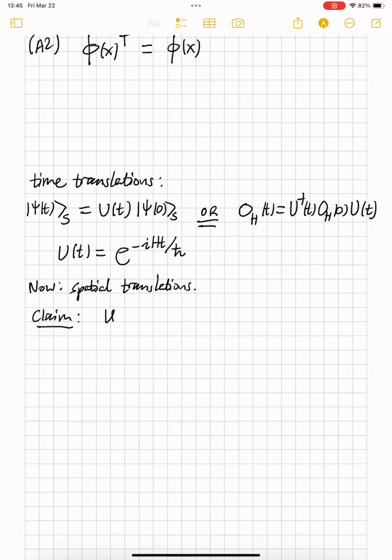A spatial translation by some distance a along the x direction is just given by e to the i a p over h bar. So notice that a space translation looks exactly like a time translation. The only difference is the sign in the exponential.